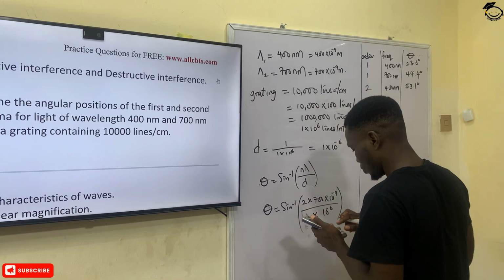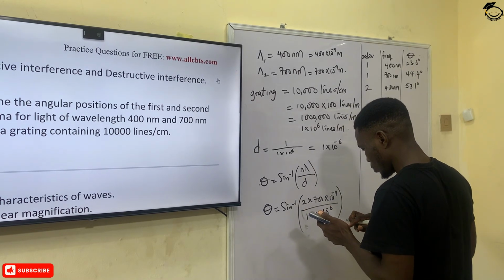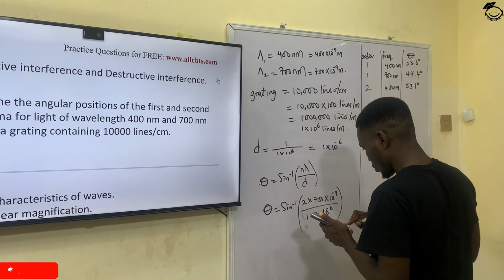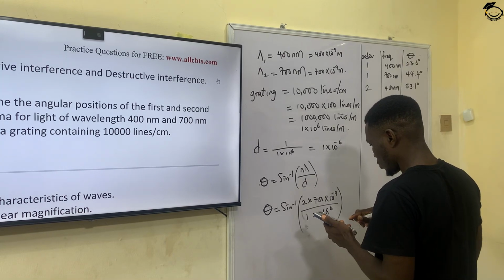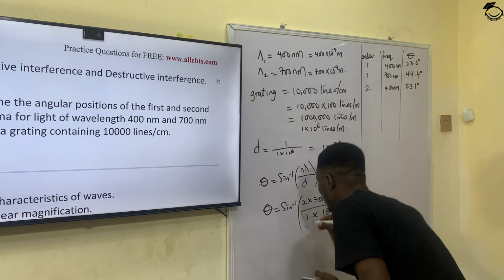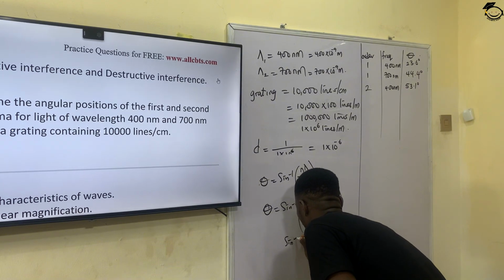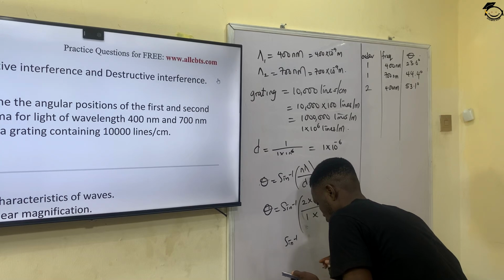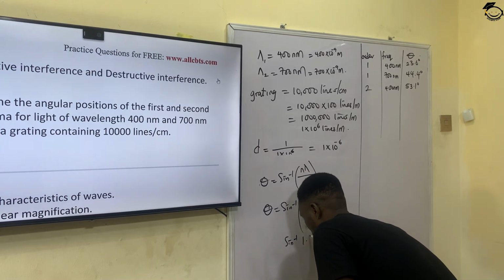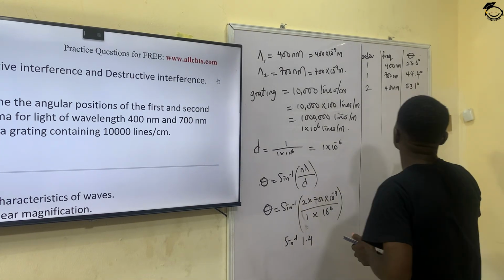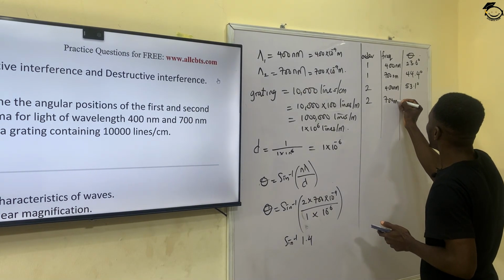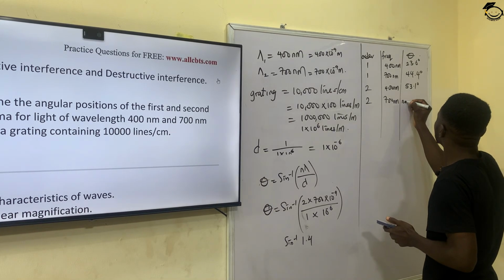So that will give me sine inverse of 1.4. And if you are to look for the sine inverse of 1.4, it is not possible. So not possible.